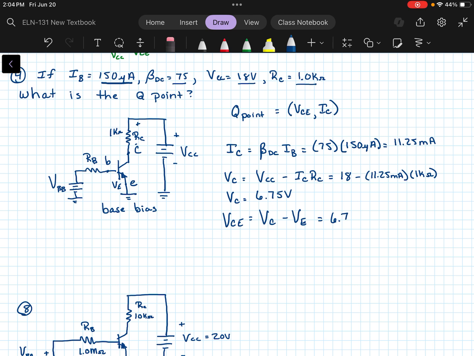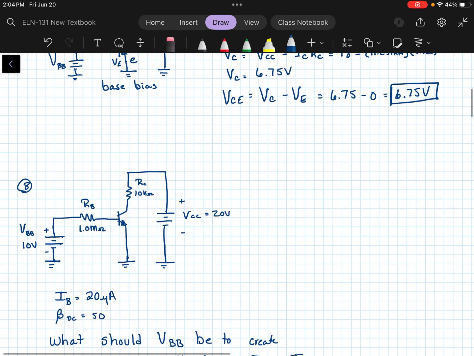So that's going to be our 6.75 volts we have at the collector minus 0 volts at the emitter, which would just be 6.7 volts. And so our operating point would be at the 6.7 volts and 11.25 milliamps for that problem.